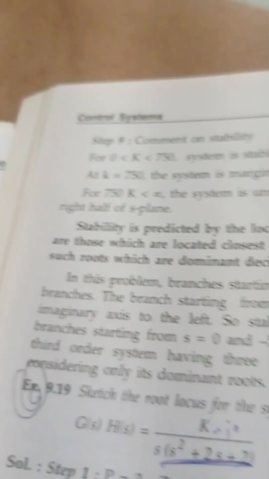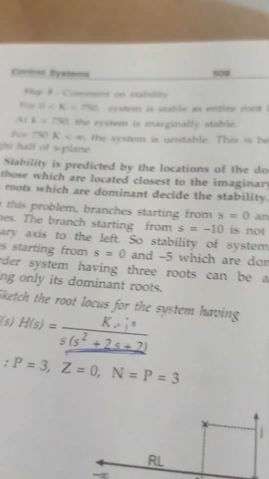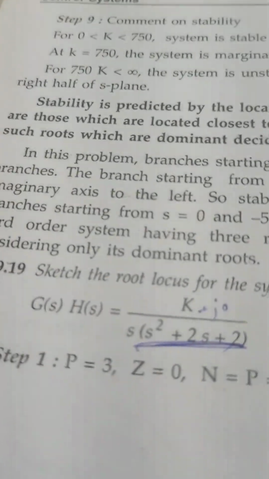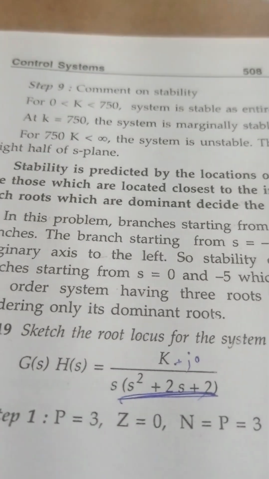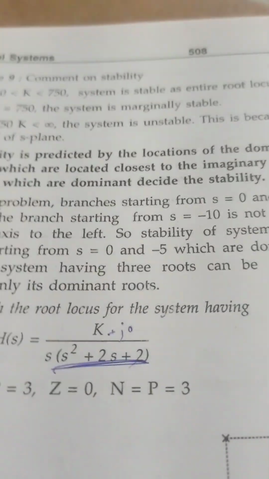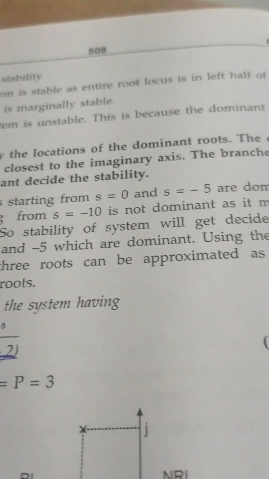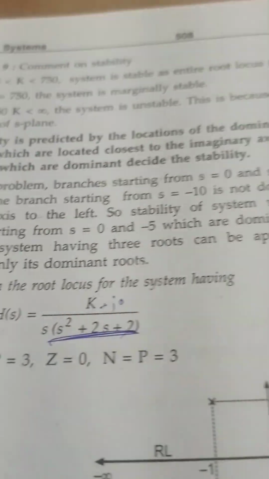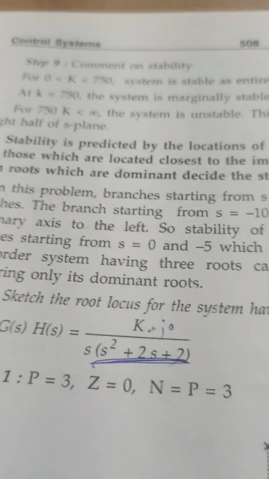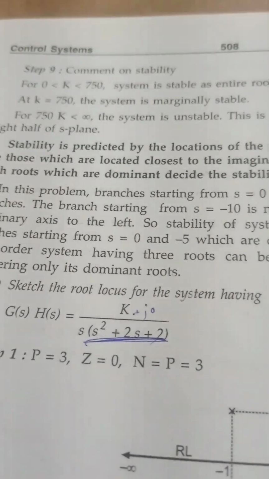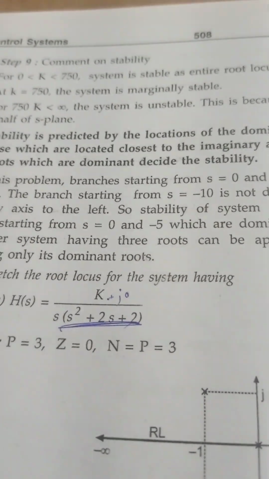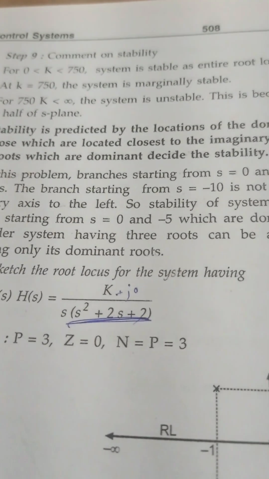We cannot say it is fully or absolutely stable, nor that it is unstable; it is marginally stable. Therefore, for 0 less than k less than 750, the system is stable as the entire root locus is in the left half of the s plane. At k equal to 750, we can say the system is marginally stable.